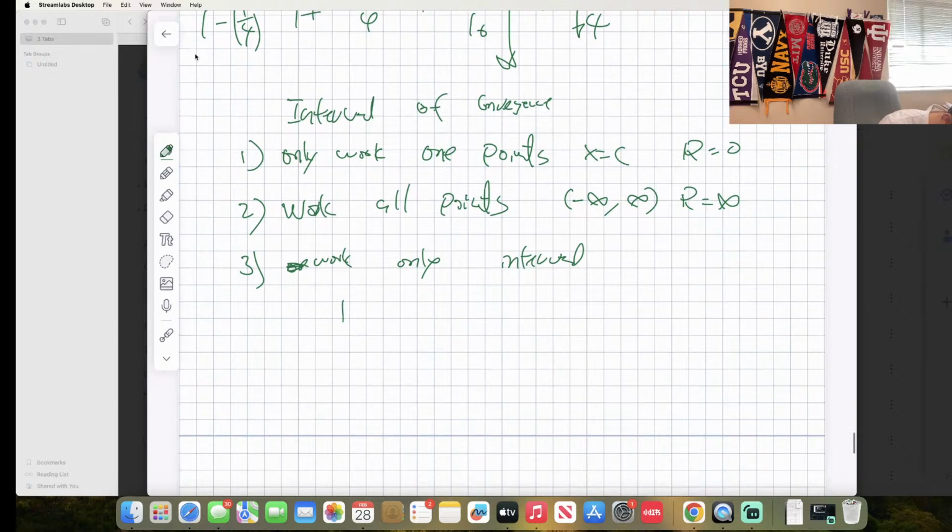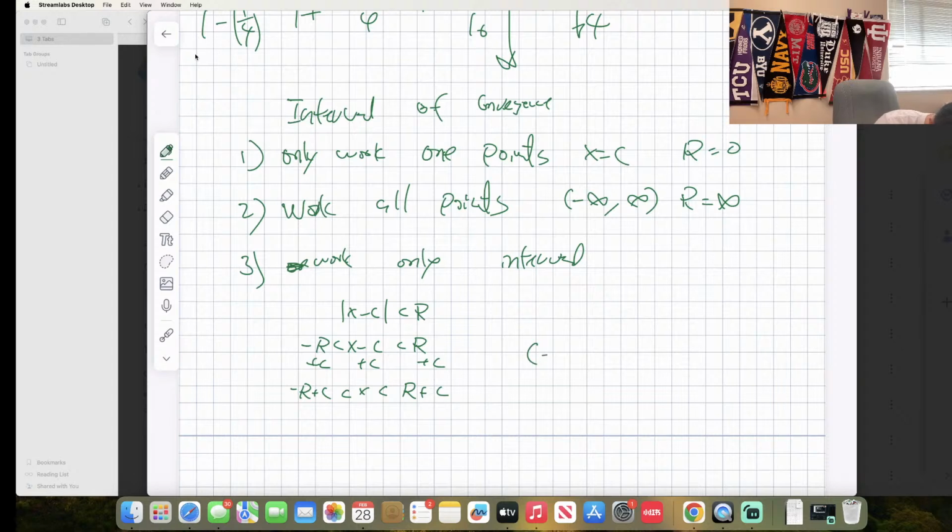So it'll be the absolute value of x minus c is less than r. That means if you know how to solve this equation, x minus c is less than r and greater than -r. That's how you solve absolute value. You set up a compound inequality and you add c to all of them. So it'll be -r plus c less than x less than r plus c.